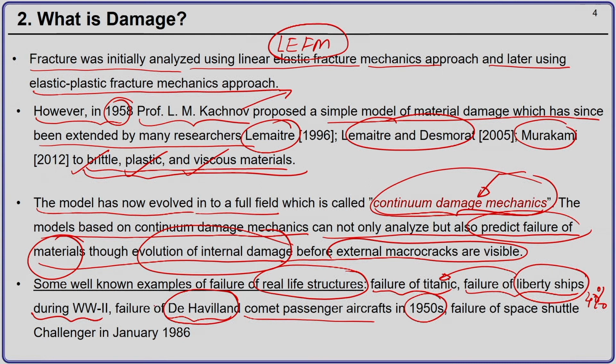The de Havilland aircraft were the first jet engine passenger aircraft, manufactured in the UK, and they would fly from one place to another. What happened was that the windows in the fuselage were of a particular shape. They had sharp corners.